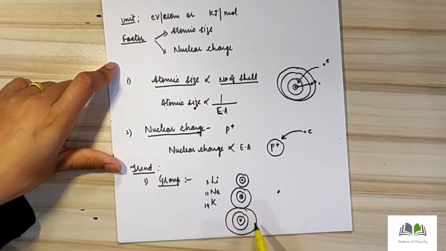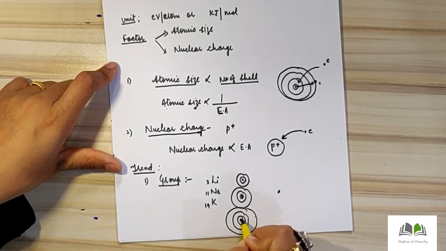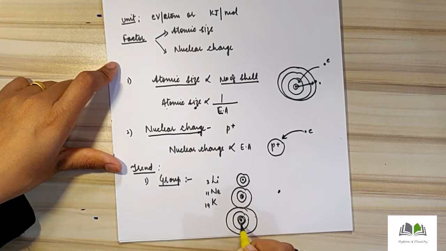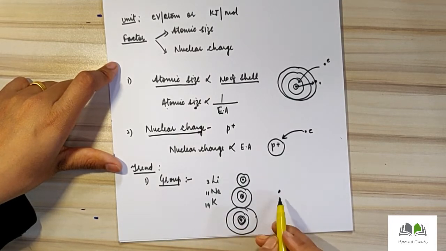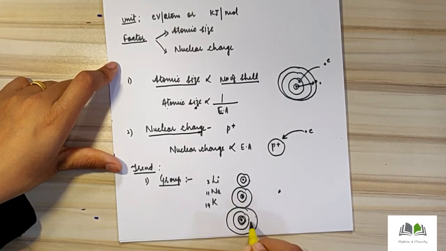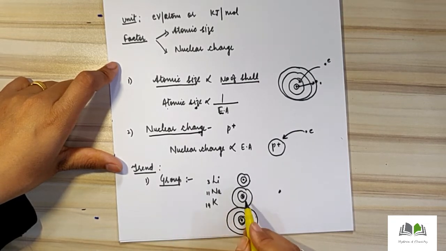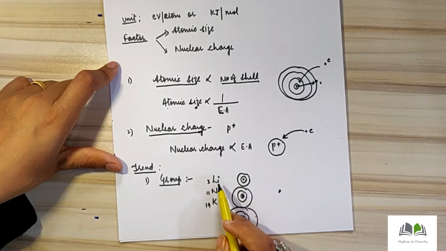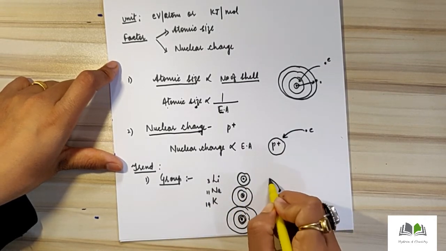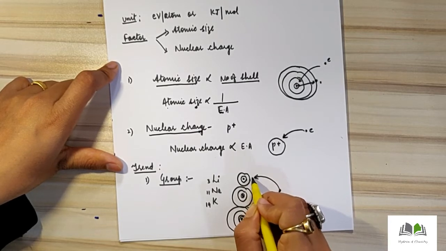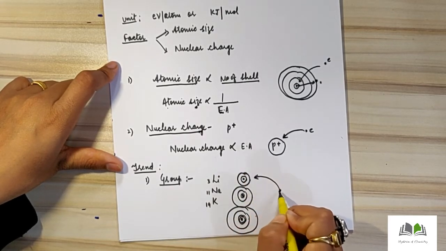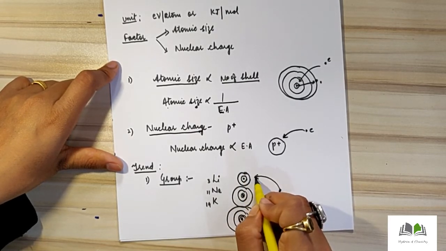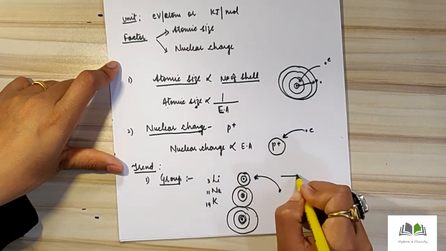And in case of potassium, the electron has to face 4 shells to experience the forces of the nucleus. So in this case, the screening effect of these shells will be more in case of potassium, less in case of sodium, and least in case of lithium. So the electron will be gained by lithium more easily. And if lithium gains this electron more easily, then it will release a large amount of energy.